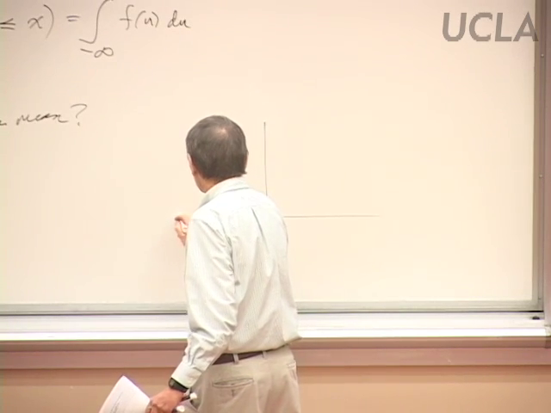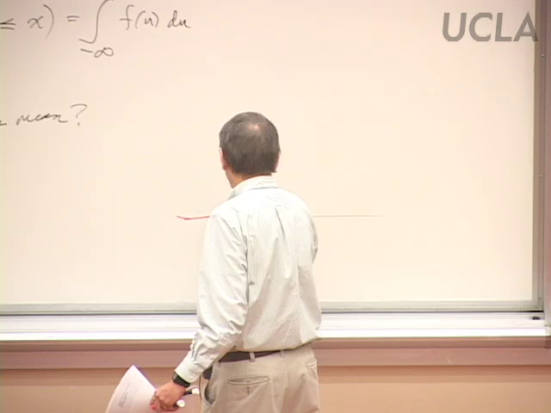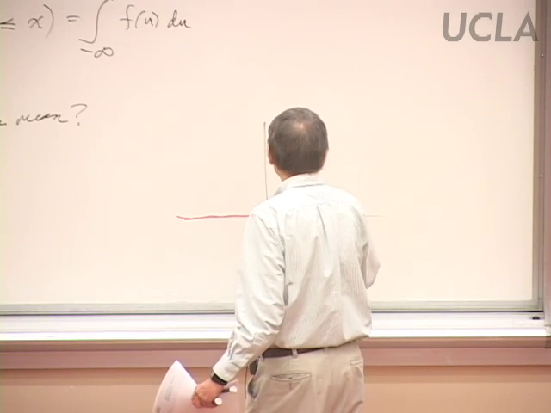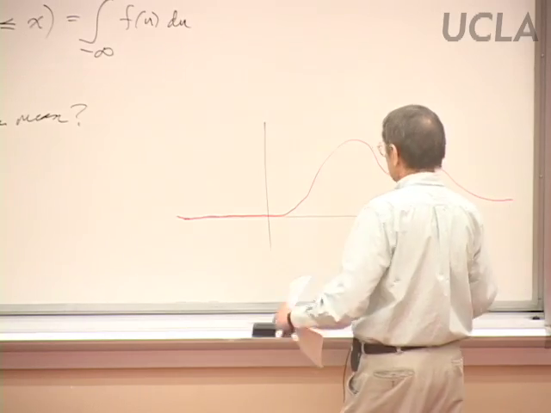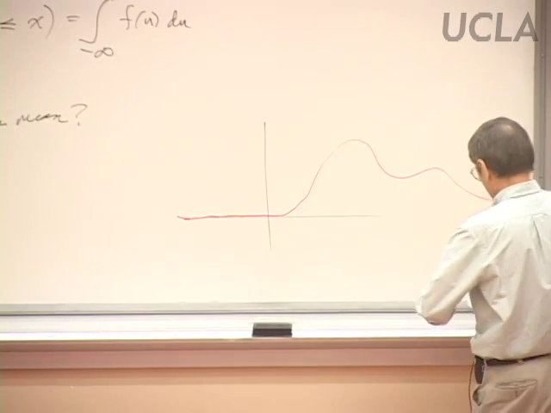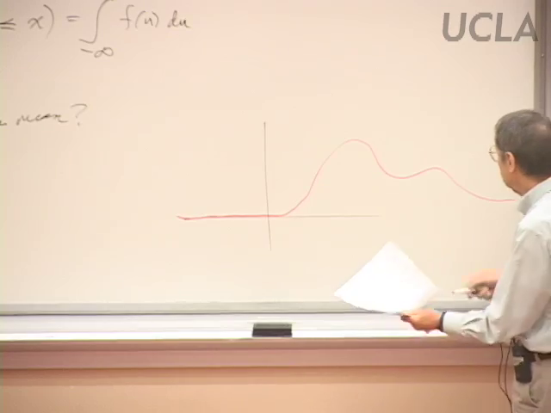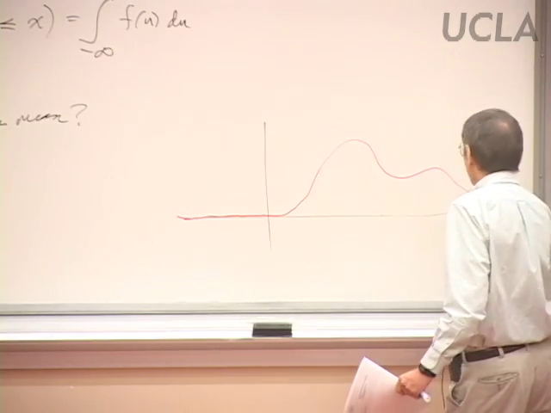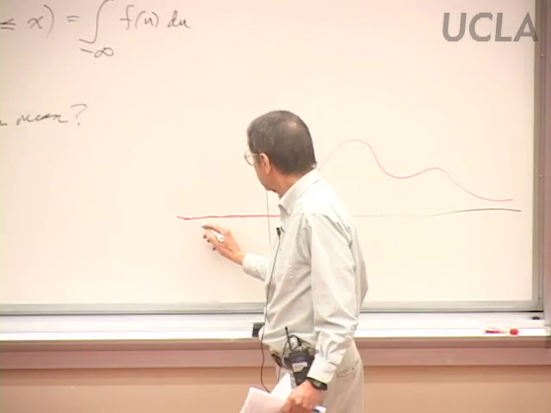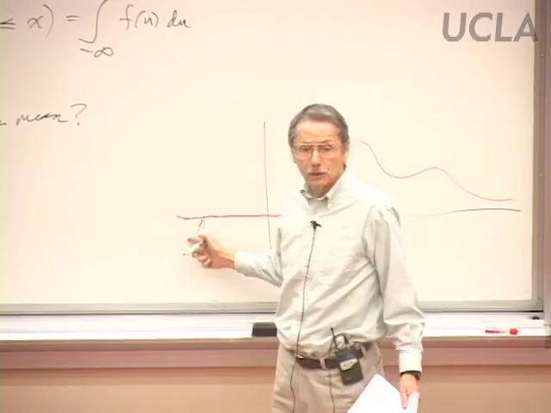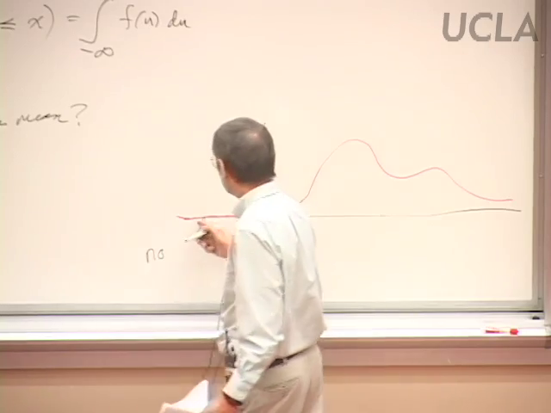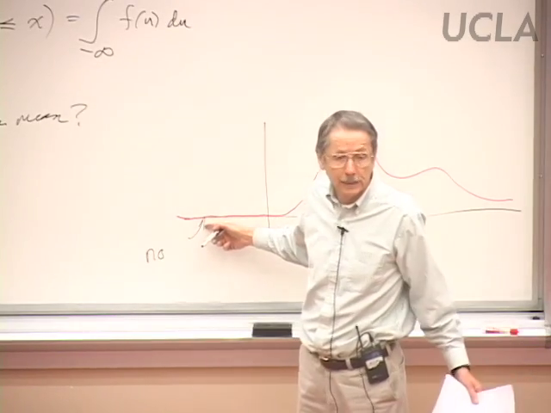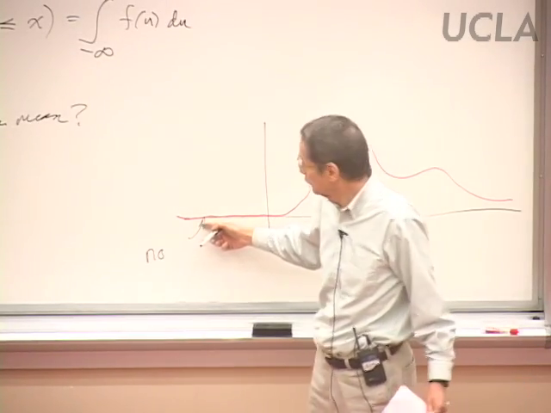Say the density is 0 for a while. Well, then maybe it goes up and down. So that's telling us that there's a 0 probability of getting a measurement of -5 out here in the graph.